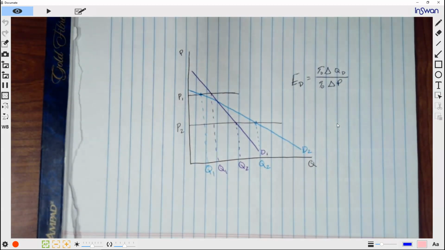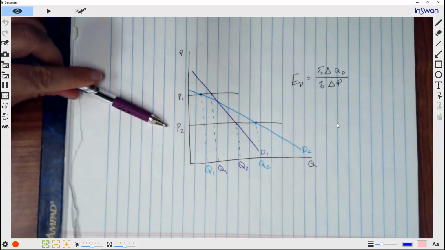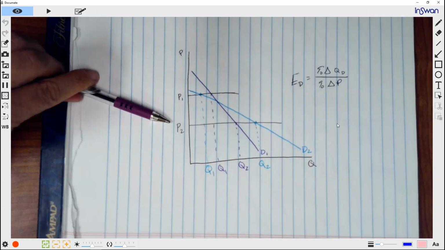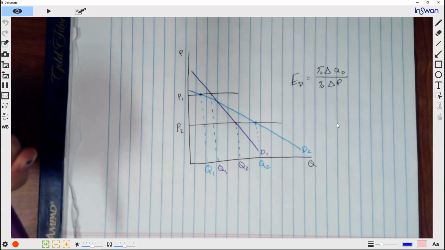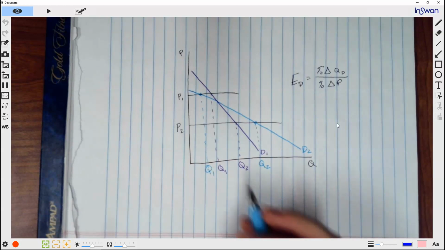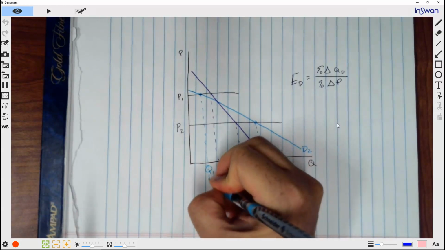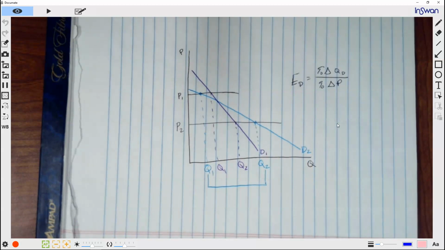So what do we notice? With exactly the same price change, which curve shows a larger change, a more drastic change in quantity? The blue one does, right? So with the blue curve, we go from blue Q1 to blue Q2.